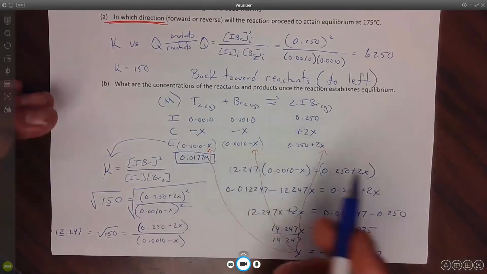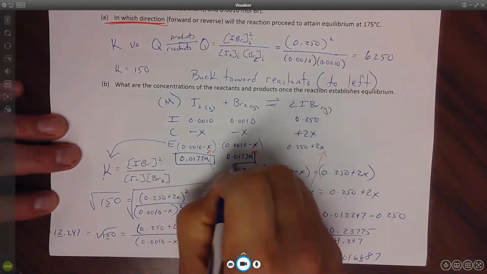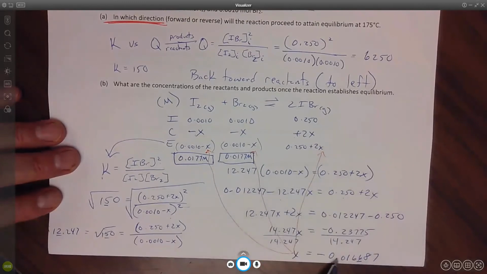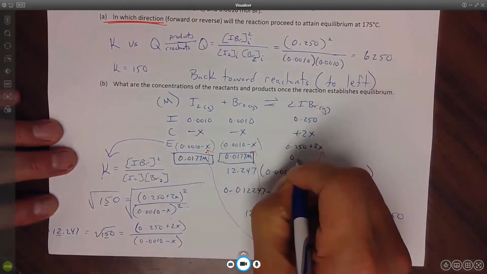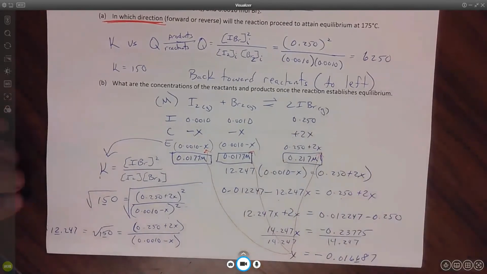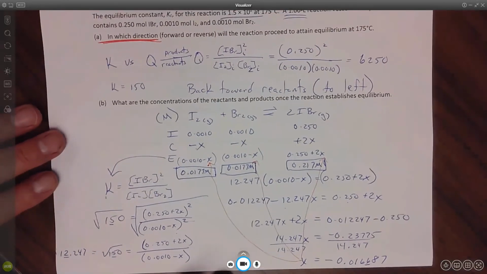The bromine's the same, right? So that's just going to be 0.0177 molar. And then the 0.25 plus 2 times our x value is going to give us 0.217 molar. Okay, does anybody have any questions about that?